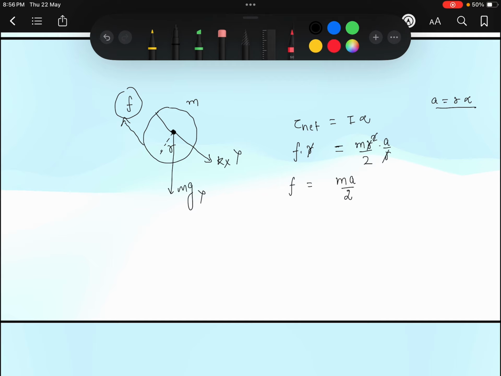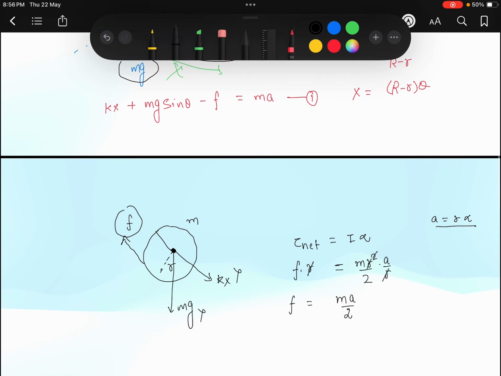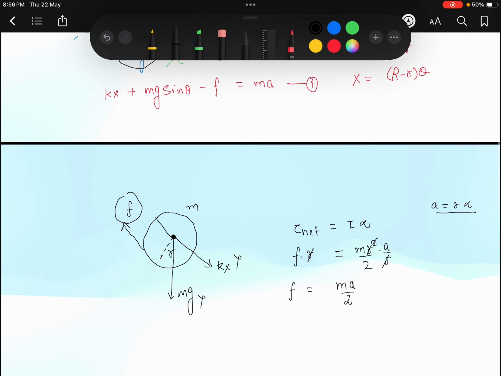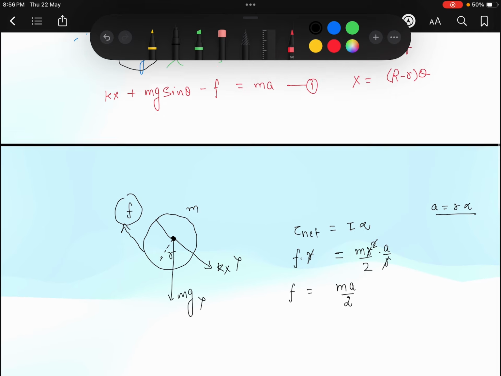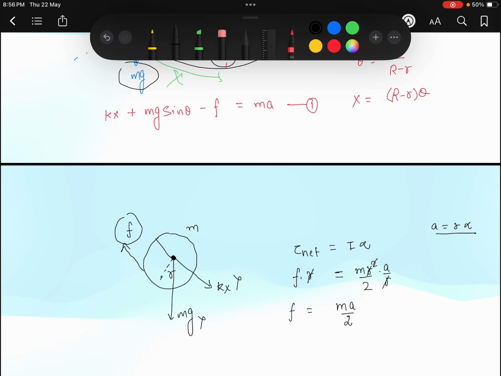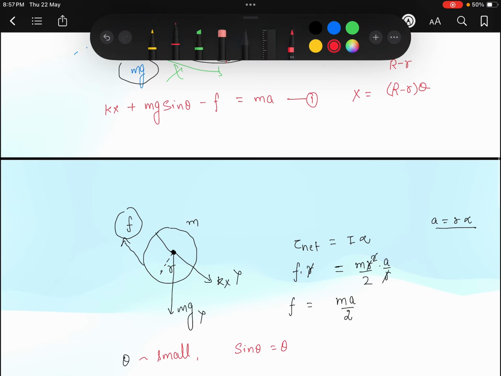Okay, right. So here in equation 1 we will substitute this value, that is kx plus mg sin theta, and we will write here that if theta is small, then we can write this sin theta will be equal to theta. Okay, and we will also replace this value of x here.